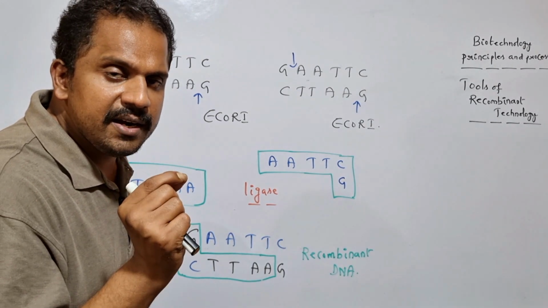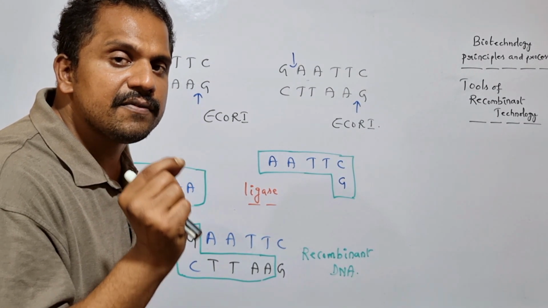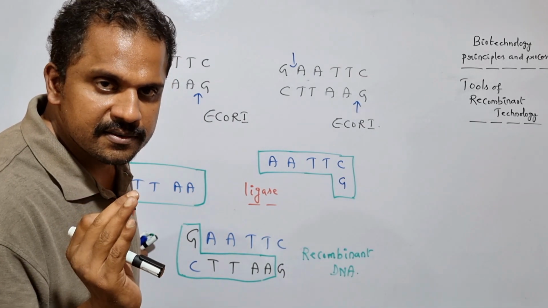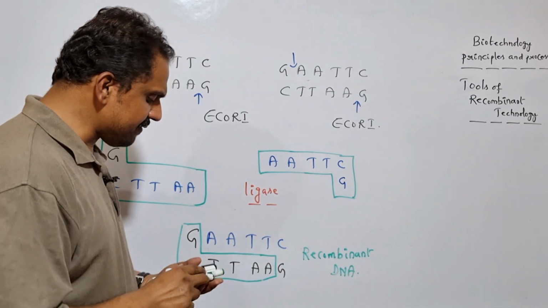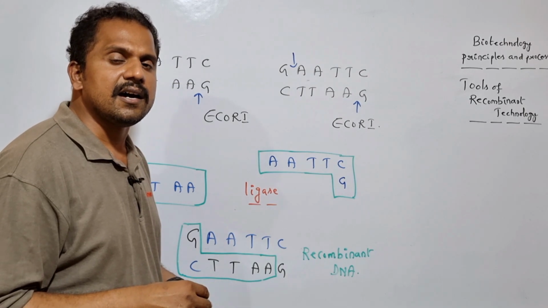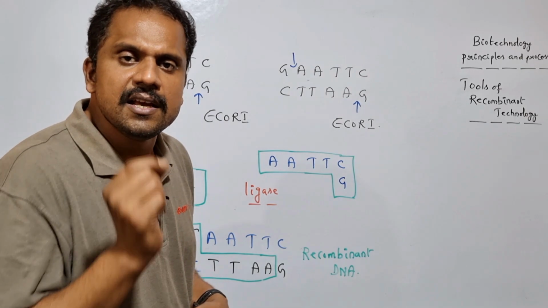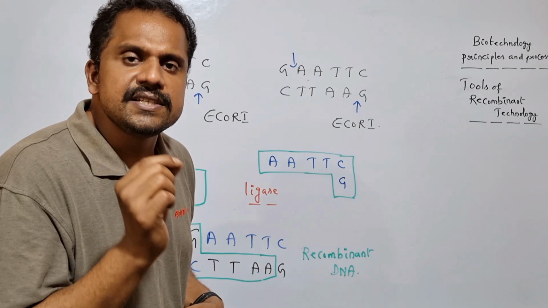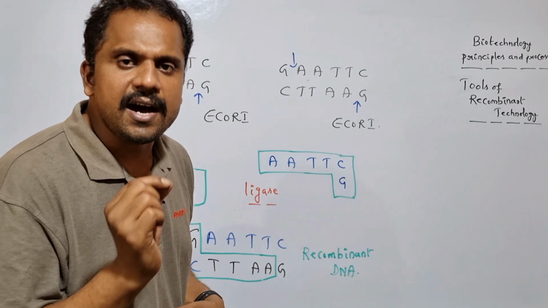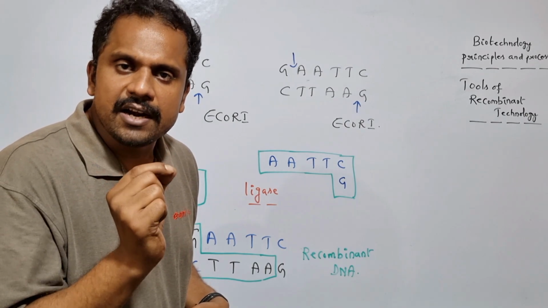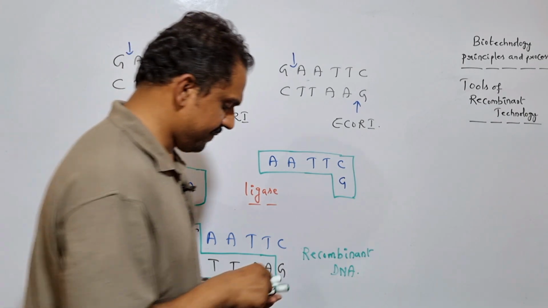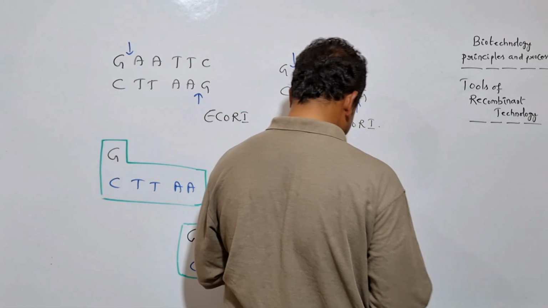So here, recombinant DNA, it is an association of two different DNAs which were obtained from two different sources. Is it clear? So here, because of the presence of the unique nature of the concerned restriction enzymes, most commonly restriction enzymes are used in case of genetic engineering or in case of rDNA technology in order to construct recombinant DNA molecules. Is it clear? So let me write it here.